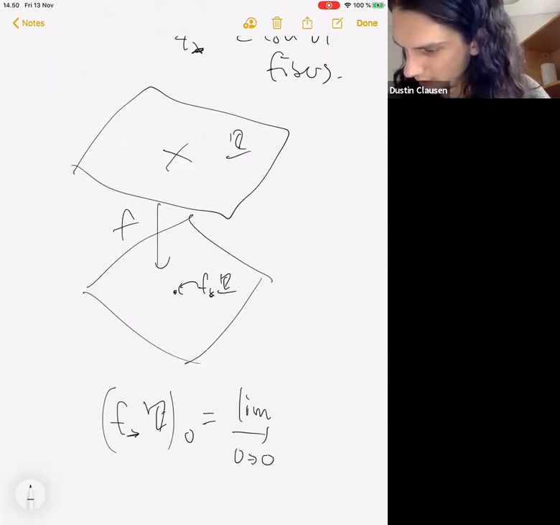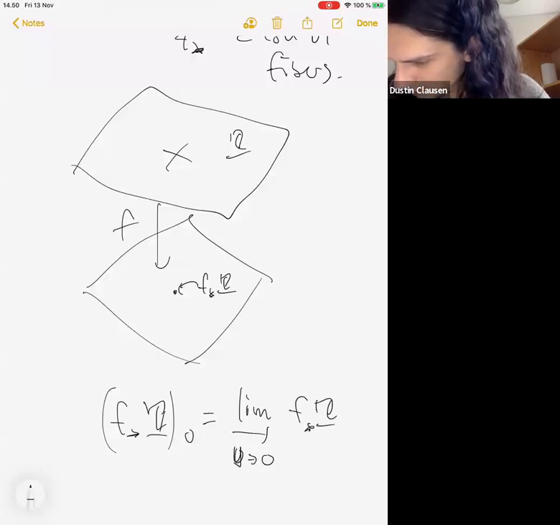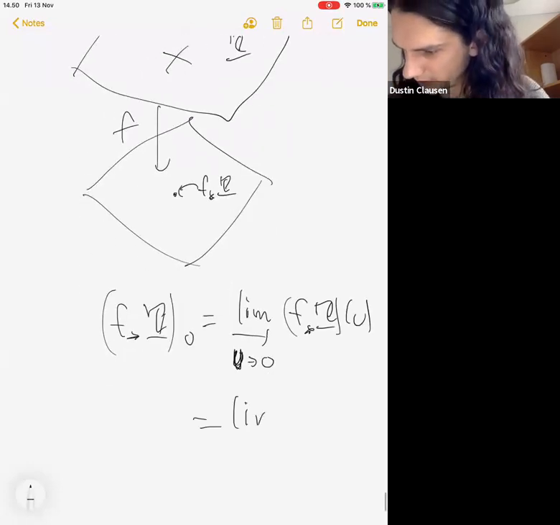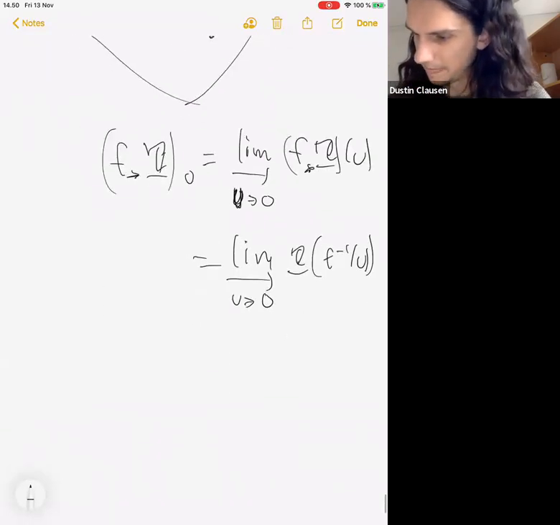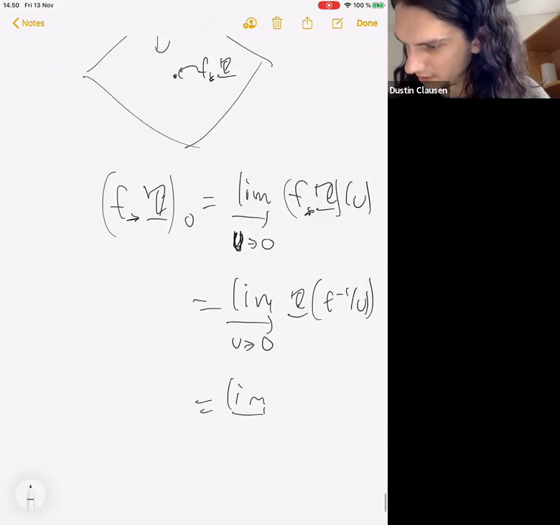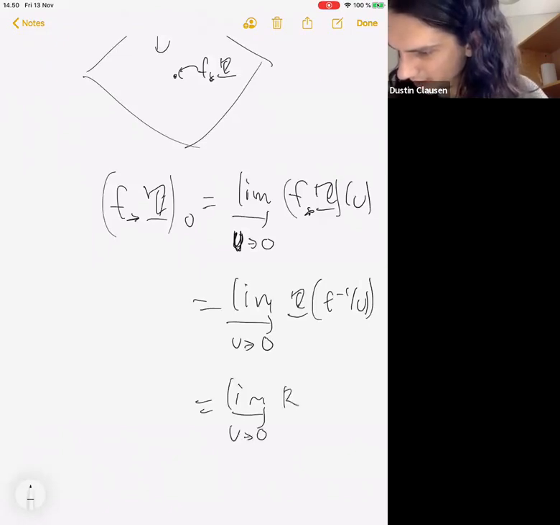I should write constant sheaf Z on U, which by definition of push forward is the same as the constant sheaf Z on F inverse U, which is the same thing as the colimit over all neighborhoods of the cohomology of U minus the origin with Z coefficients.